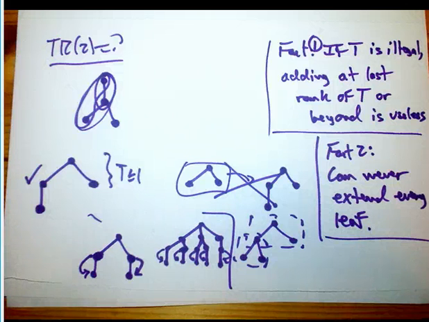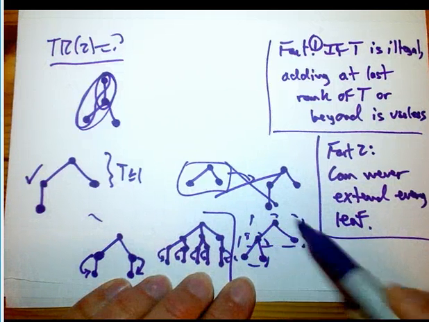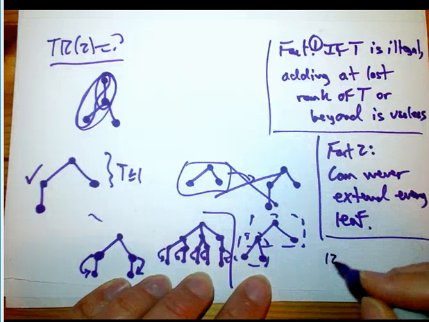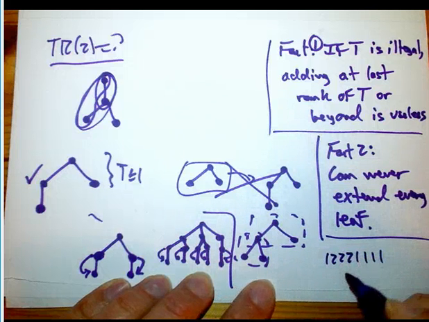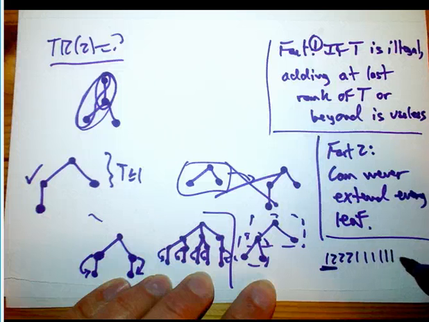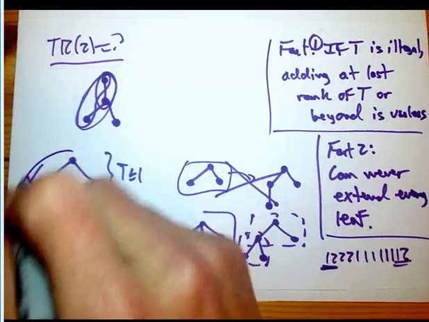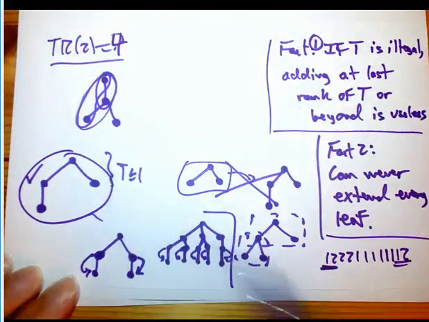It's really limiting, because I've now excluded the only interesting thing I can ever do, kind of like with the 1, 2, 2, 1, 1, 1. The only interesting thing I can do is something like 1, 2, and I run out of options here. Eventually I'm going to have to put a 2, and I'm screwed. So that's as good as you can get, and so that's equal to 4.